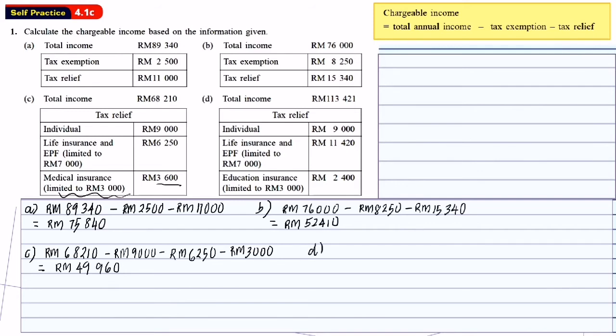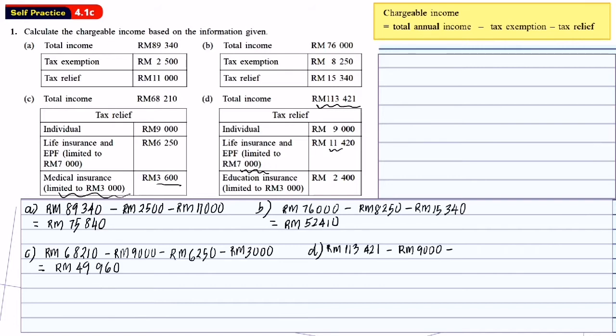Okay, D. Chargeable income is total income 113,421 ringgit minus tax relief individual 9,000. Life insurance and EPF limited to 7,000.